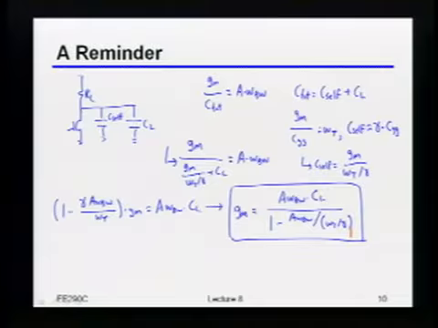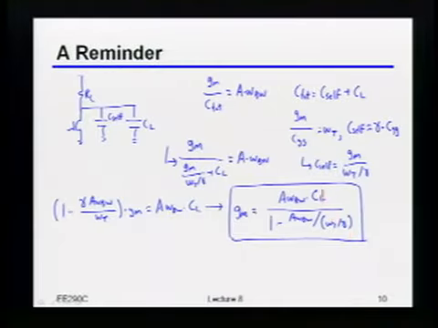Just as a reminder, GM is always just gain bandwidth times load cap. And for those of you who are digital guys, I can turn that into CVF very quickly by just using a V star in one place. So your GM is always just basically the gain bandwidth times the load cap.